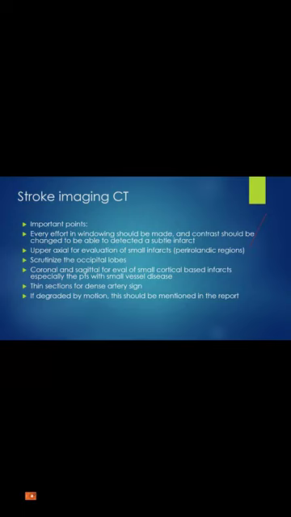Use coronal and sagittal in evaluation of cortical-based infarct, especially in patients with small vessel disease, because these patients already have brain parenchymal hypodensities everywhere, but what we're looking for is triangular-shaped cortical-based infarction. Use the thin sections to look for the dense artery sign.